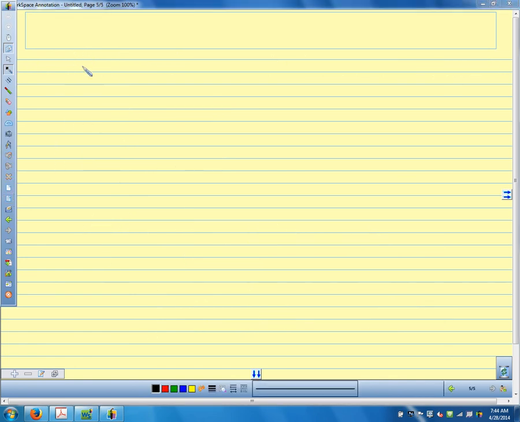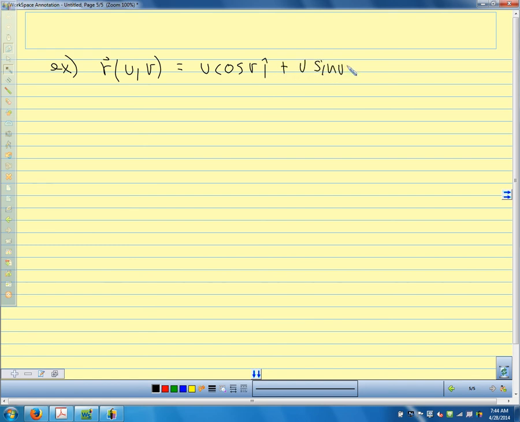Let's say we start with the surface. We have a parametric surface R of u and v, and we get u cosine v i hat plus u sine v j hat plus u squared k hat.